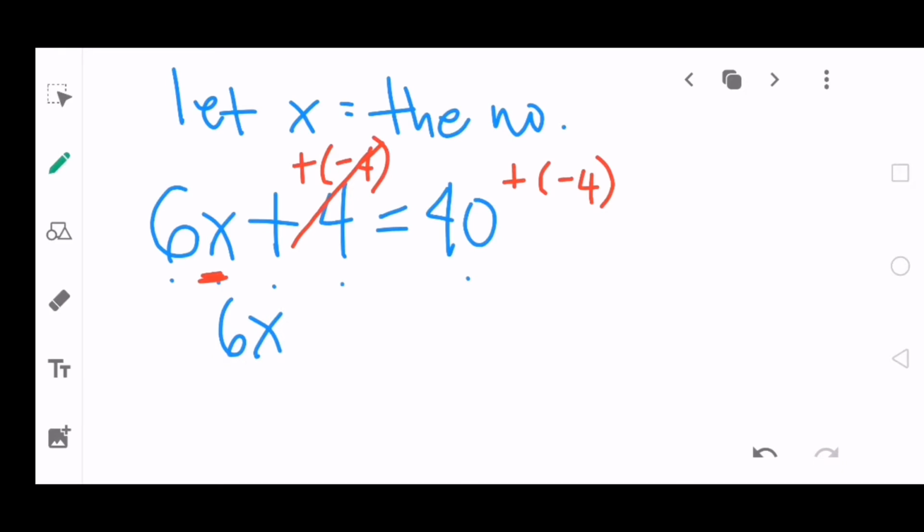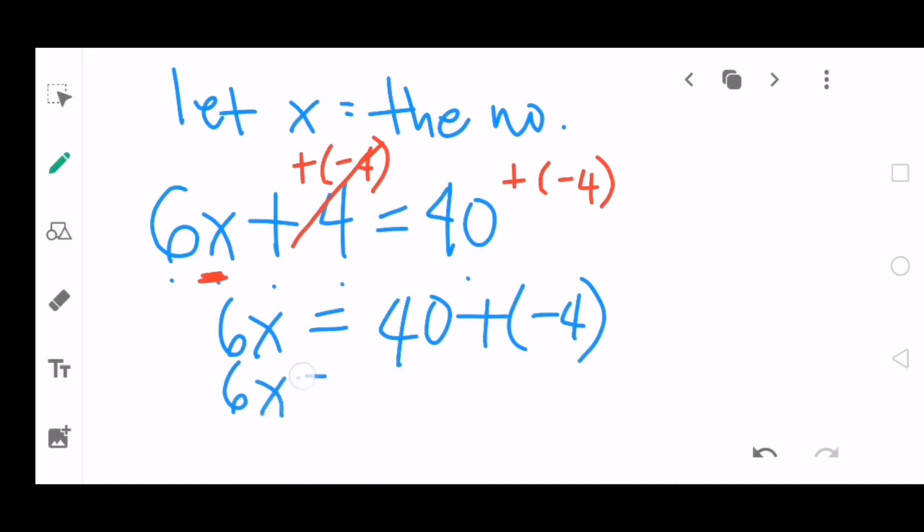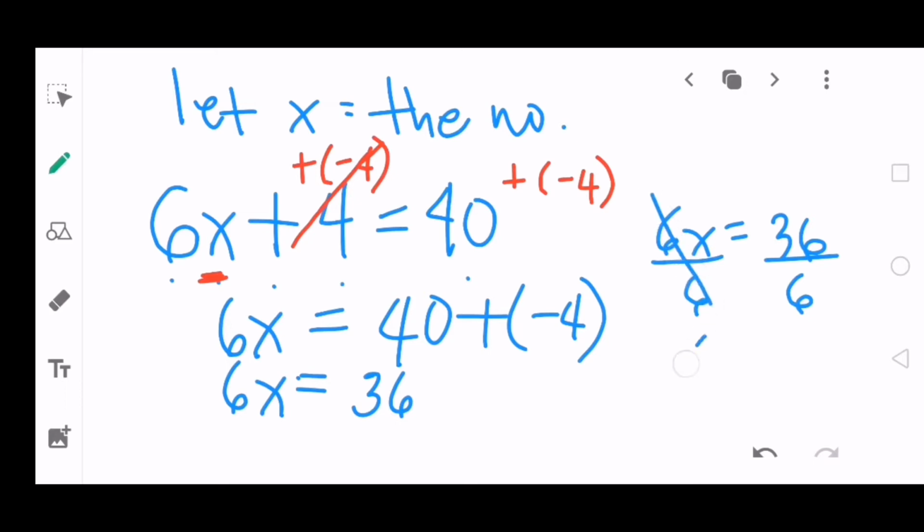This will be 0 now, so 6x is equal to 40 plus negative 4. So 6x is equal to 40 plus negative 4, that is positive 36. And what we'll do next is to divide both sides by 6 to retain x on the left side of the equation. Cancel this one out, x will be equal to 6. 36 divided by 6 is 6.